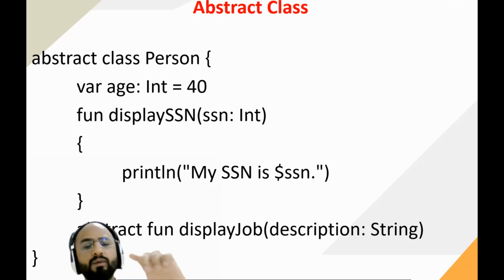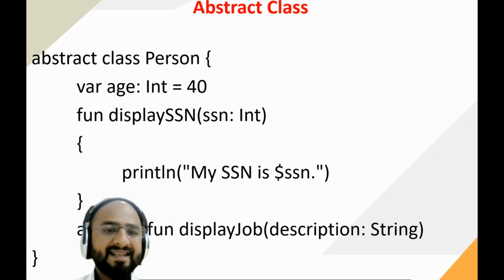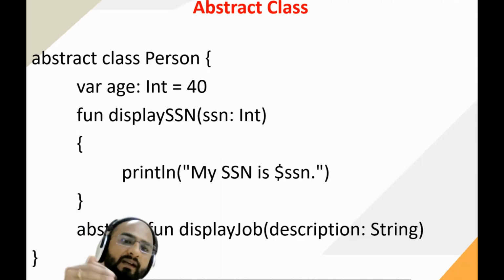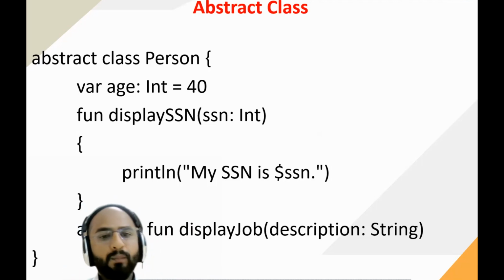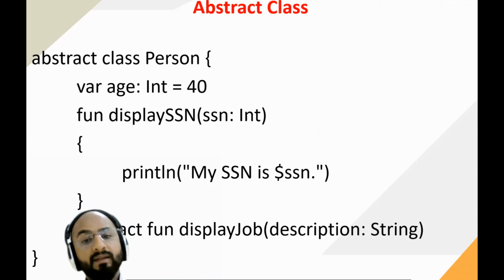This is the structure of an abstract class. An abstract class can contain abstract and non-abstract members. As you can see, displaySSN is a non-abstract method and displayJob is an abstract method.